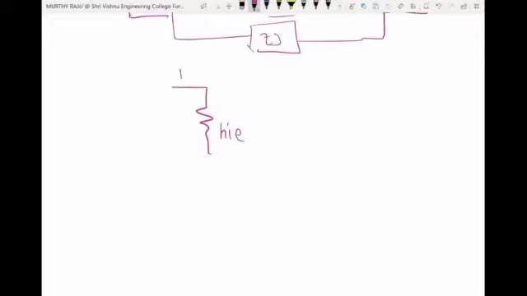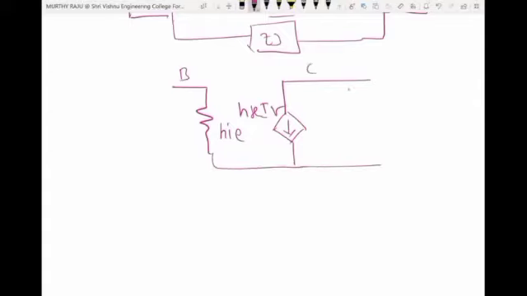This is the base terminal. This one is HFE IB. This one is the collector terminal.